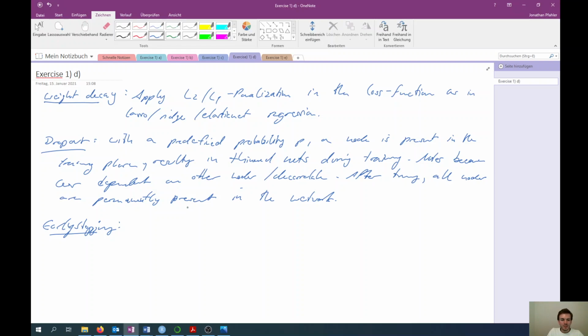And this we can do by early stopping. It basically saves the networks before that, and then picks one of the trained networks, the weights, as the optimal network.